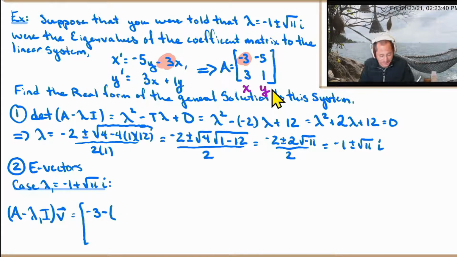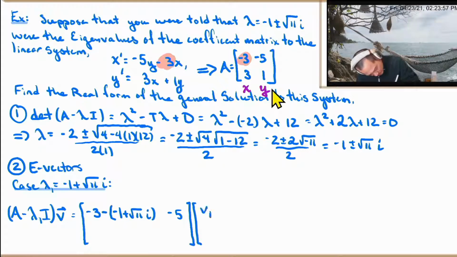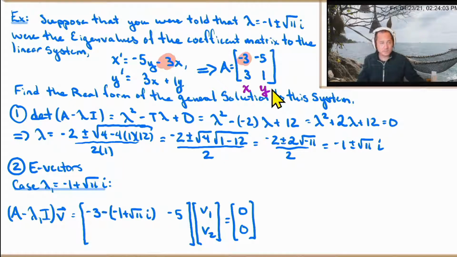Please, please, please, because what is being subtracted from the -3 is -1 plus the square root of 11 times I. And then I have a -5 in that second position in the first row, times v1, v2 is equal to the 0 vector. And that's what I've got.